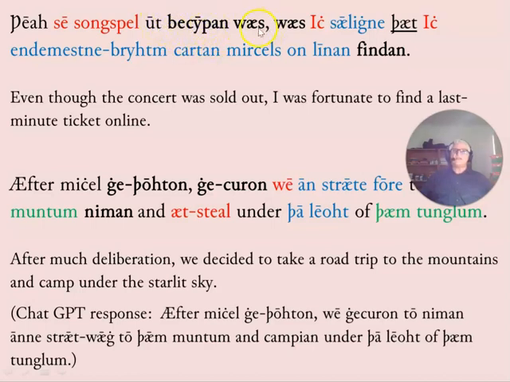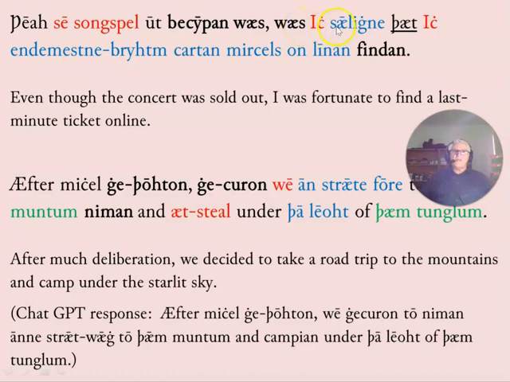sold, was. Okay, so subordinate clause, so all the verbs have gone to the end. Was is the first verb, it goes to the end in its conjugated form, and bekupan is sold, and then modified by ut is out, so outsold was. The concert outsold was.